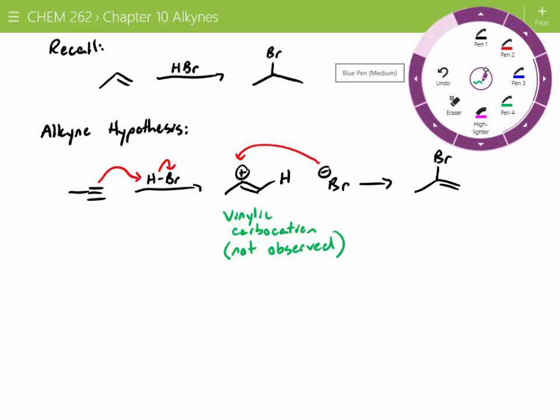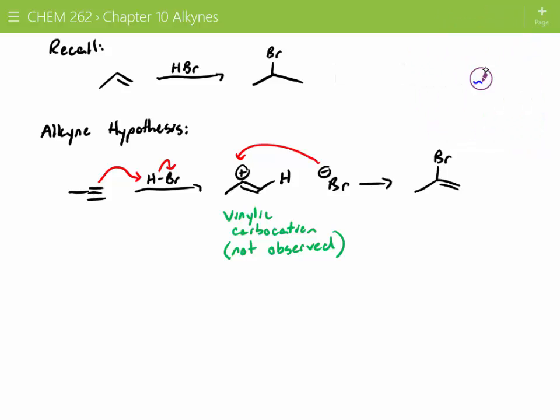The other interesting thing is if you experimentally run this reaction, you can derive a rate equation. And you can figure out that the rate equation is equal to your concentration of your alkyne times your concentration of HBr squared.